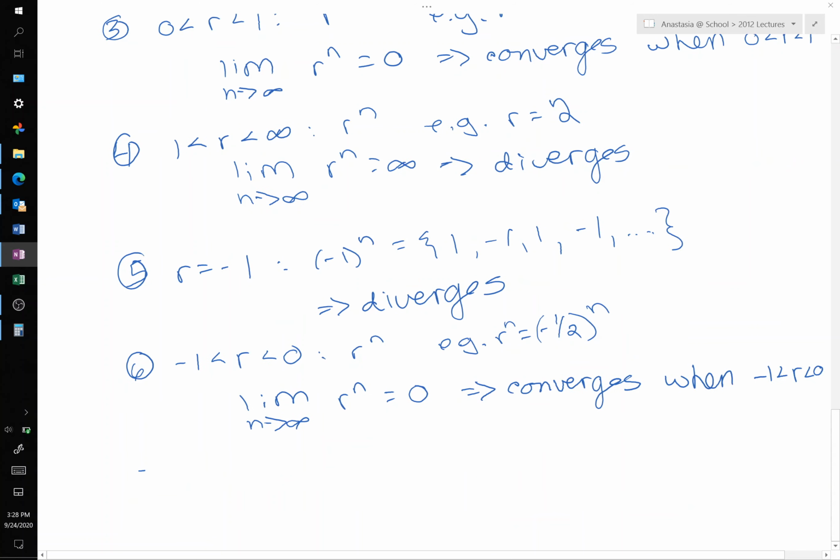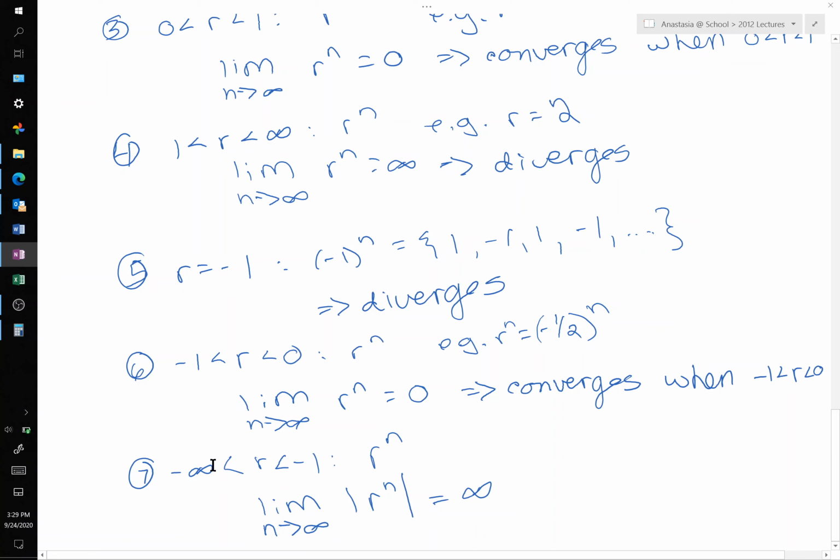Okay, so our last case is for r values between -infinity and -1. In this case, the limit as n goes to infinity of the absolute value of r^n, because we're going to have an alternating sequence, is going to end up being infinity.